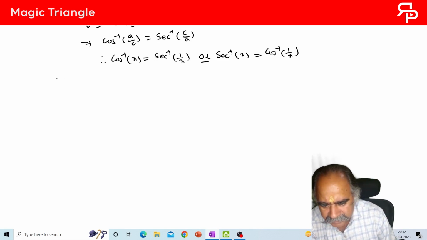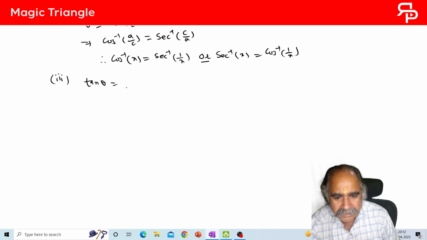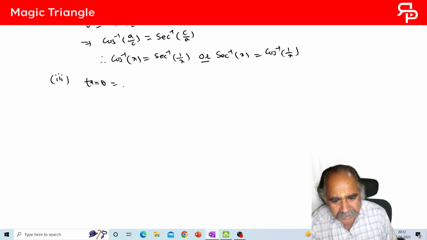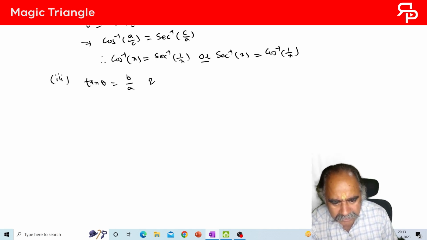Now the third formula in this category is what? Cot theta and tan theta. Tan theta is what? If you remember the triangle, opposite side is B and adjacent side is A. That is B by A. And cot theta is what?